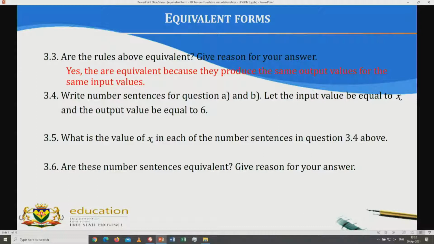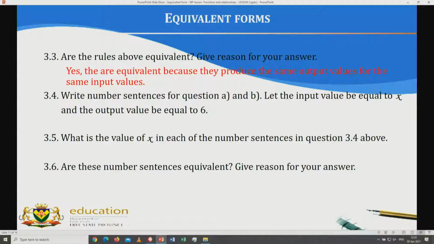When you look at the 3 diagrams, the input values are the same and the output values are the same, but we have different rules. Therefore, all 3 rules are equivalent because they produce the same output values for the same input values.